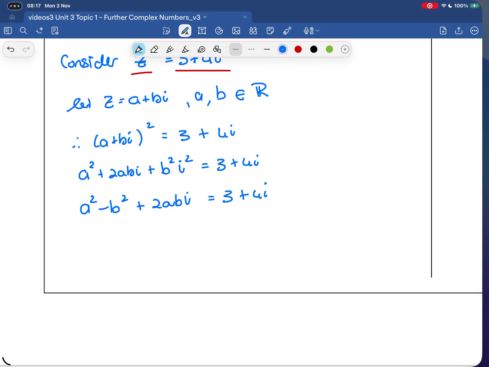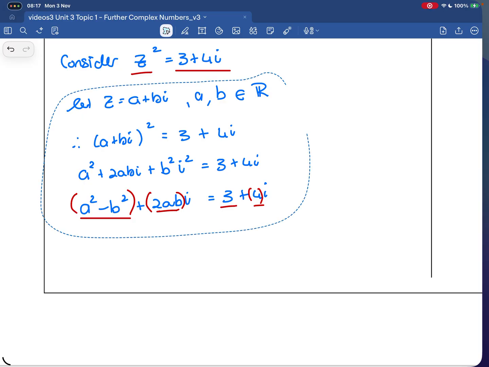Now, that might not feel like I'm making much progress. However, I've got a real component here and a real component here. I have an imaginary component here and an imaginary component here. And if I equate them, I'm actually going to have two equations, and I can solve those two equations simultaneously. So let's have a look at that.